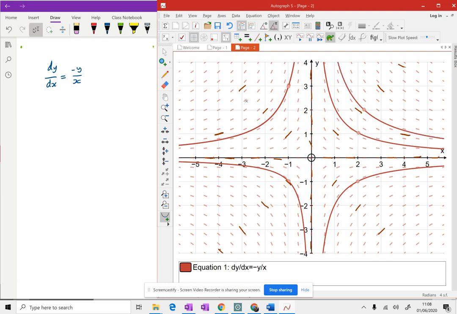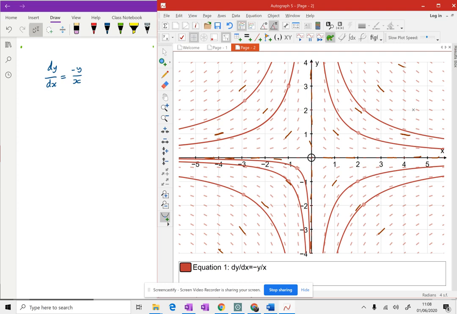This is the family of solutions that you're getting from this differential equation. Come right in close to the origin. And let's have another one in this quarter. So lots and lots of different curves with a similar characteristic.